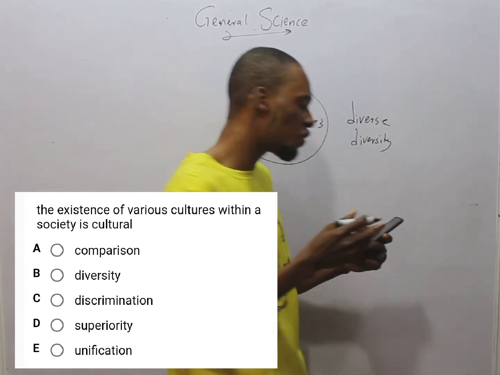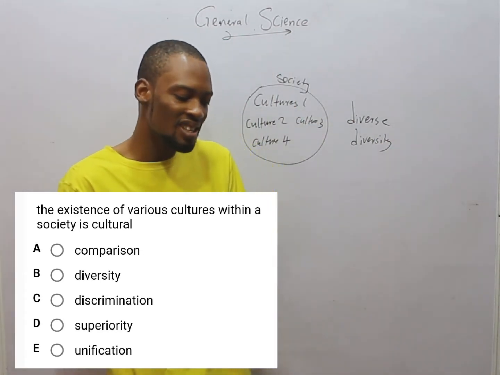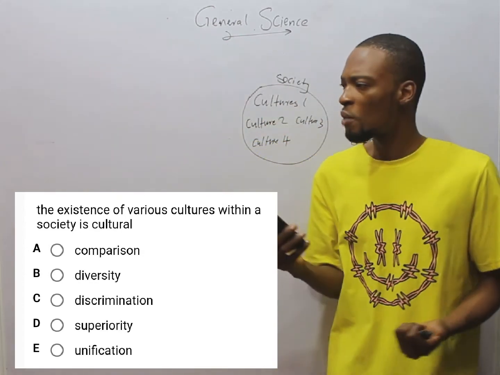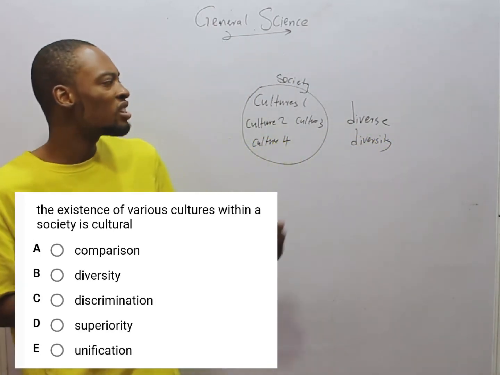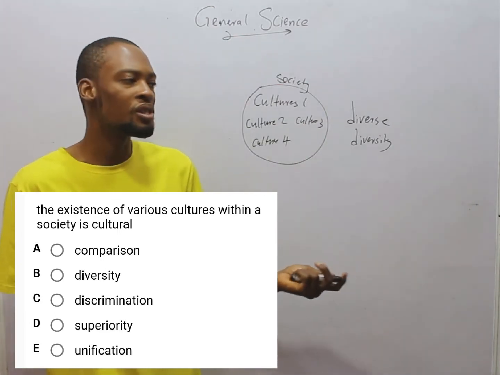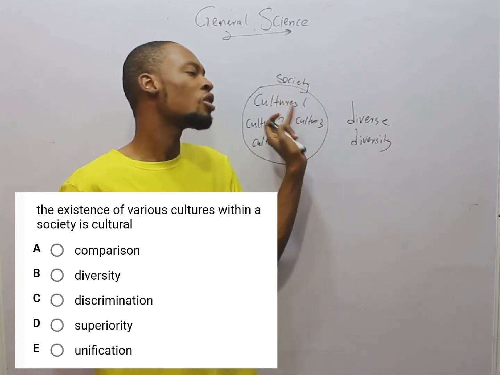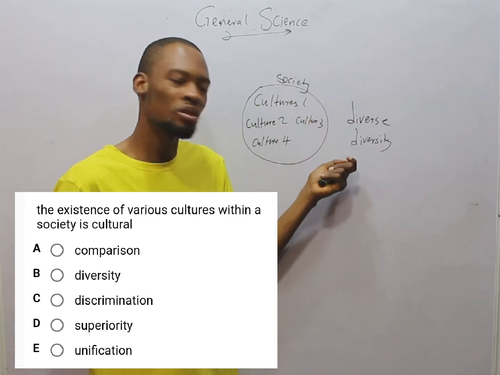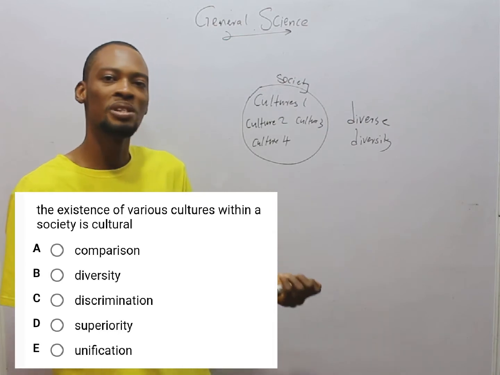Therefore, the existence of various cultures within a society is referred to as cultural diversity, not comparison. Comparison means trying to check which is better out of 2 and which is the best out of 3 or more. Discrimination simply means one culture trying to say that we are better than you. Culture 1 will be like, we are better than culture 2. Culture 2, they are not good. In that case, they are discriminating.